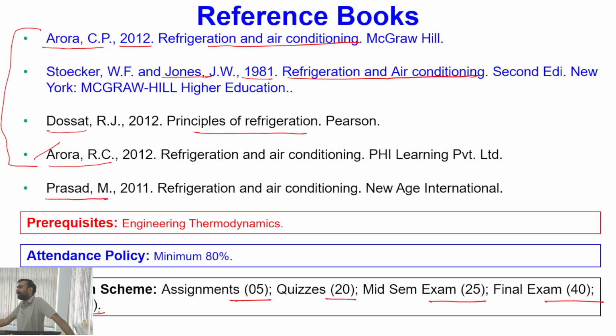Based on the field visit and a slight extension to designing a refrigeration or air conditioning system for a small room, we can form small teams of 3 to 4 students, and you can make a small presentation based on that project, which we will try to take up in this.